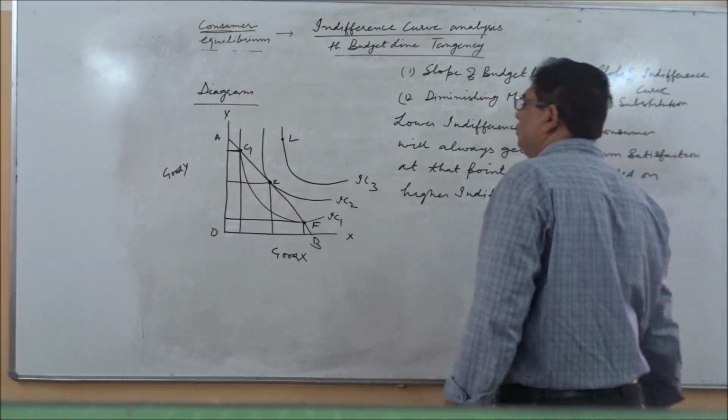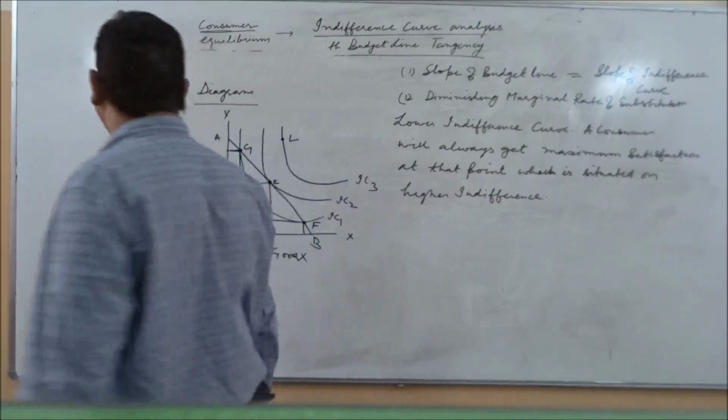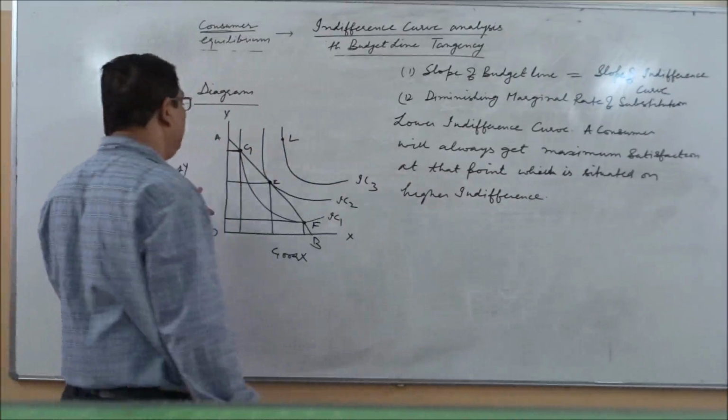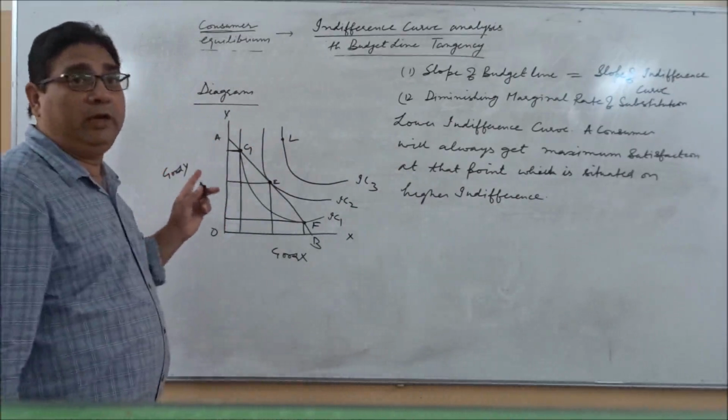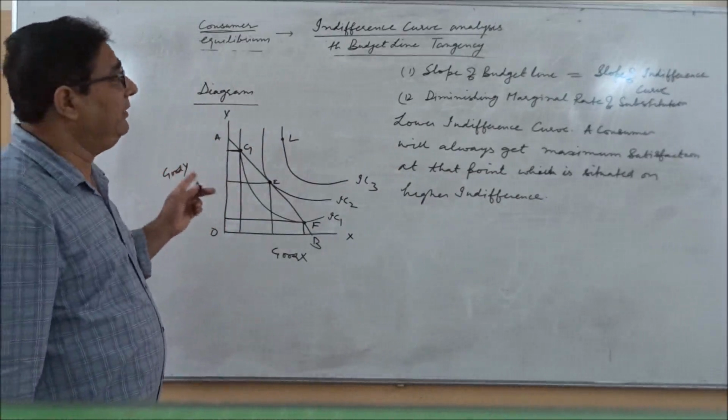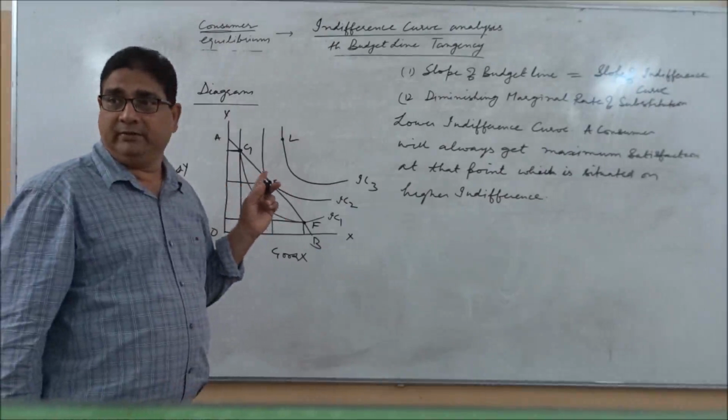So these two conditions are prime in determining the consumer equilibrium in case of tangency of the indifference curve and budget line.